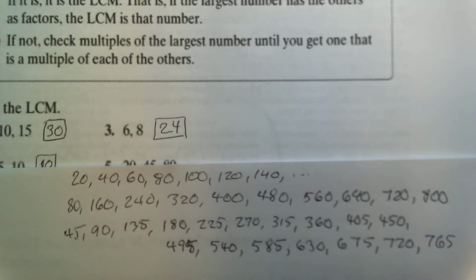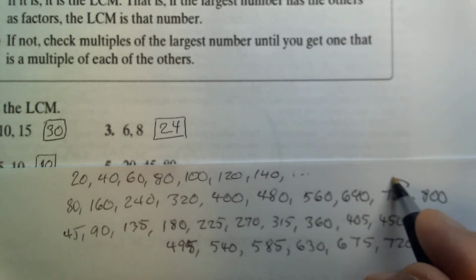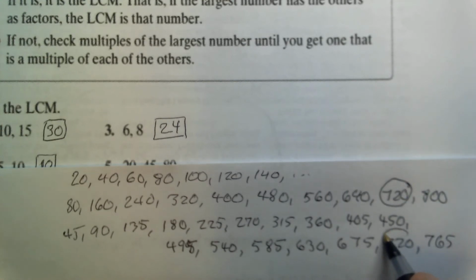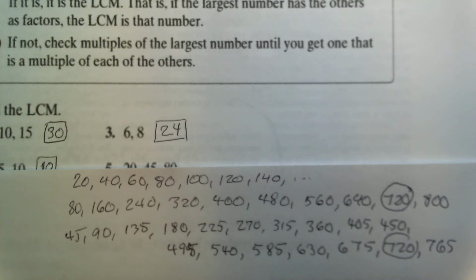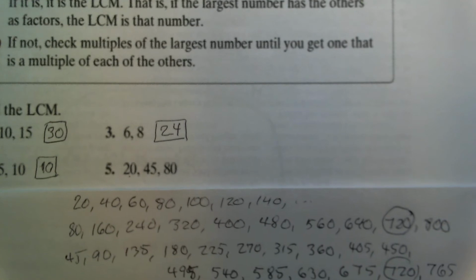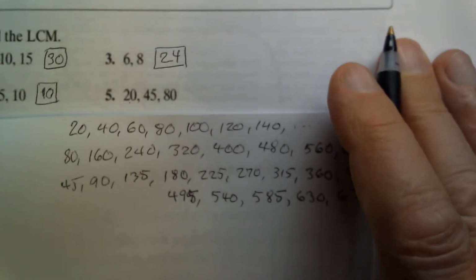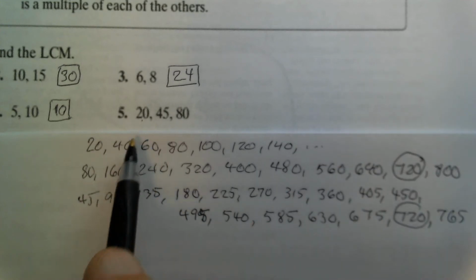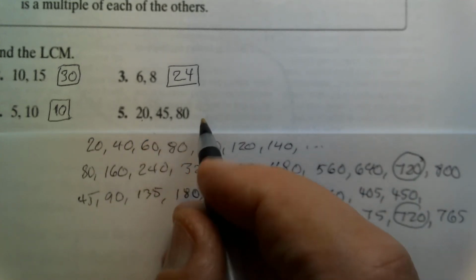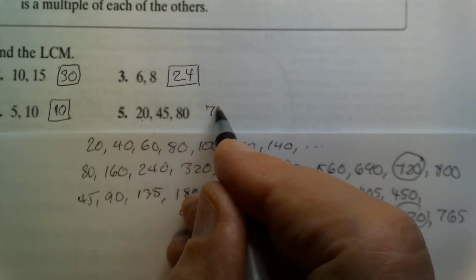So anyway, we look at this and we say, aha, 720, that's the smallest number that's a multiple of both 80 and 45, and since 80 is a multiple of 20 anyway, the least common multiple for these three numbers then is 720.